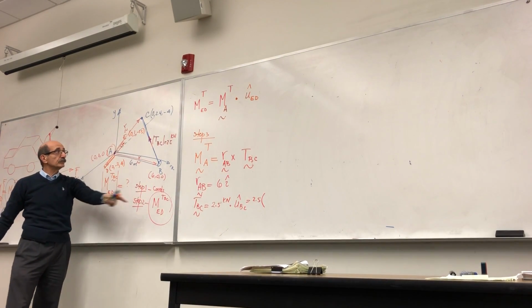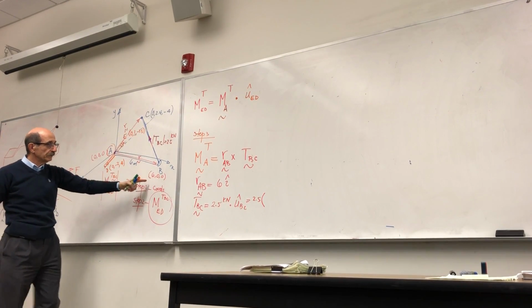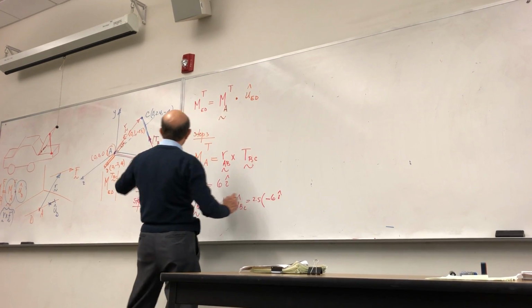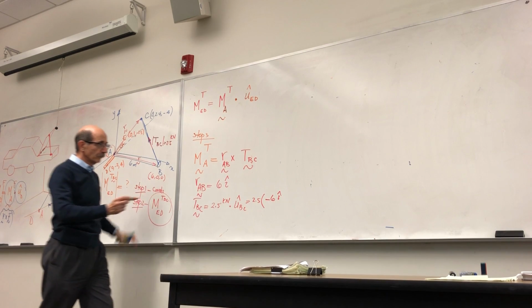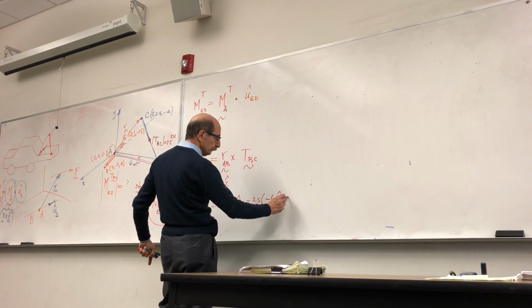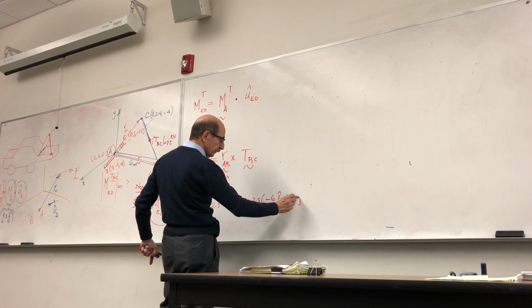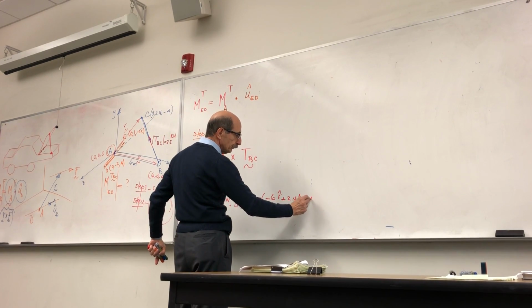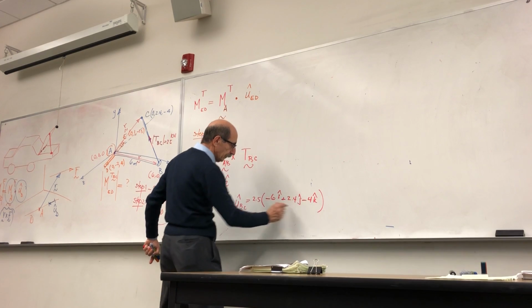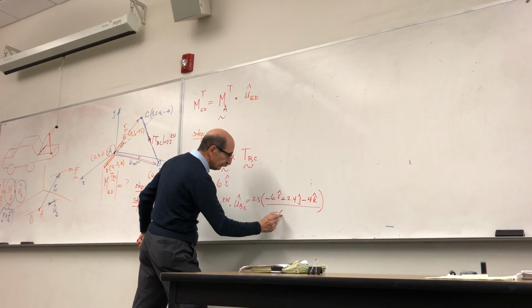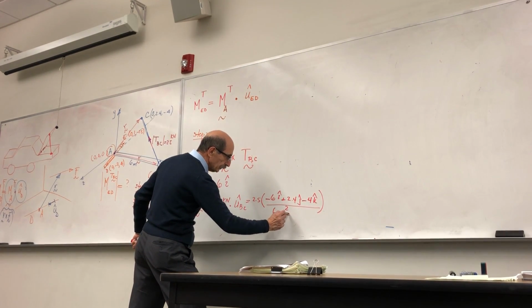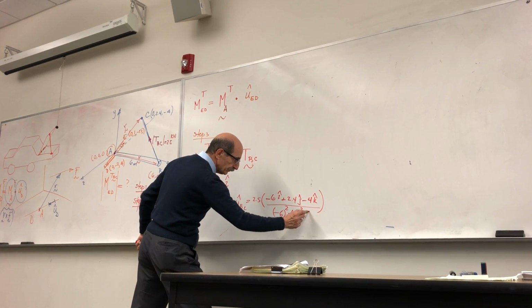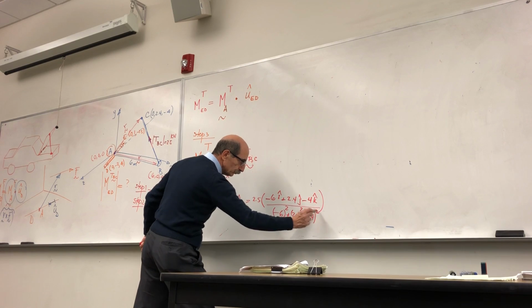Tip minus tail. 0 minus 6, so minus 6I, 2.4 minus 0, so 2.4J, negative 4 minus 0, so negative 4K, divided by the square root of negative 6 squared plus 2.4 squared plus negative 4 squared.